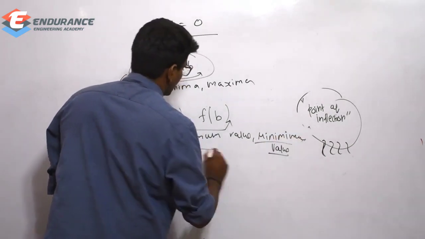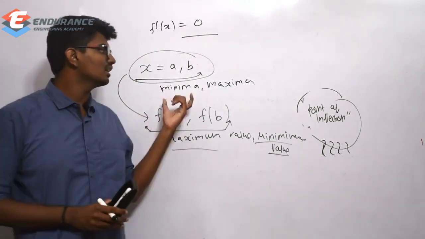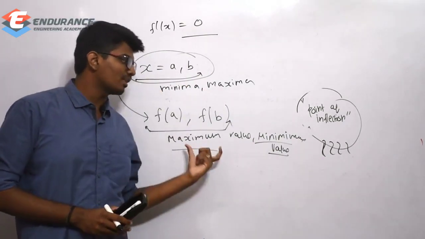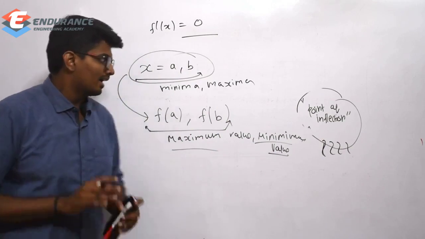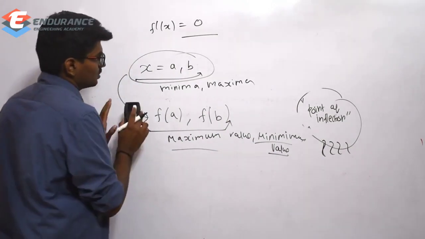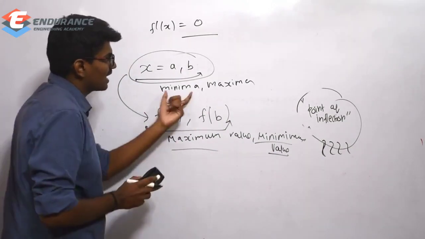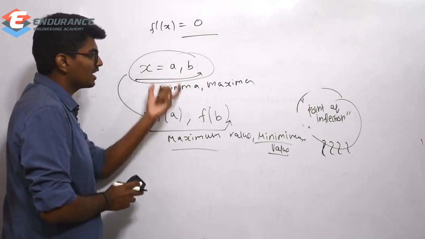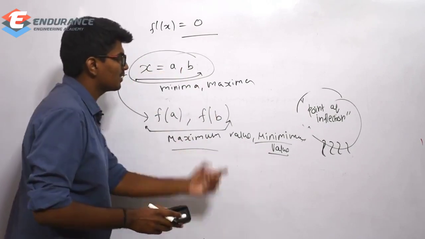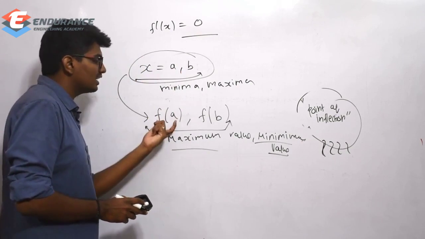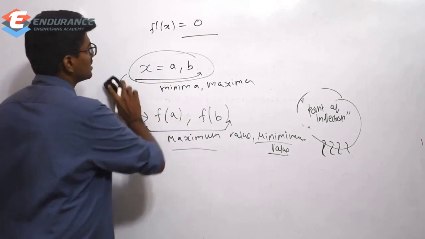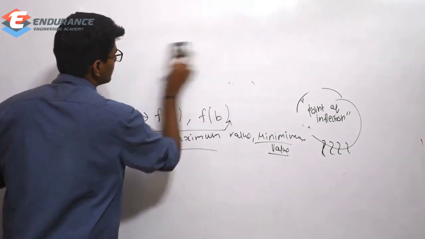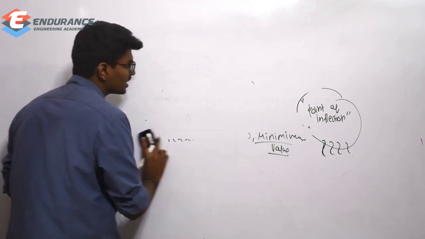Okay, it is the difference. It is maxima and minima that I will get, and maximum value and minimum value. So don't get confused. If in the question they ask maxima and minima, then directly use the x value, and if they ask maximum value and minimum value, you need to substitute the x value in f of x and find that, right? We will do a few problems, and in that you will get clear knowledge about it.